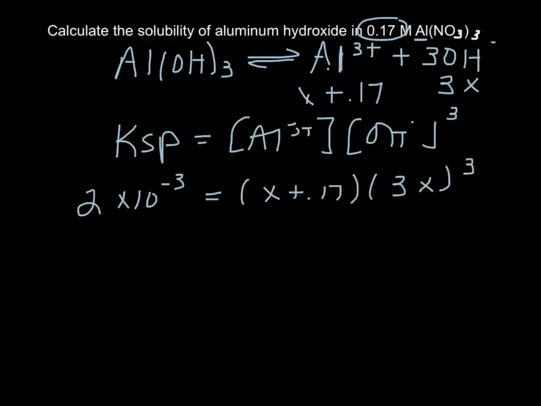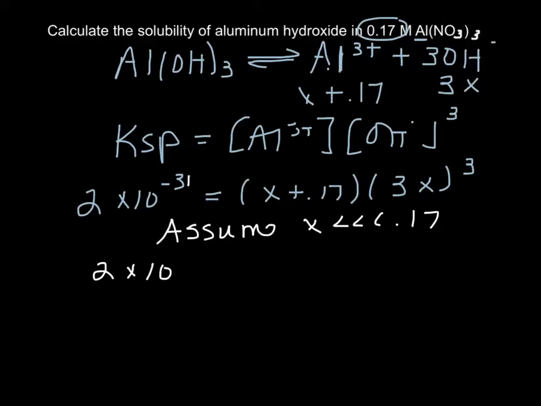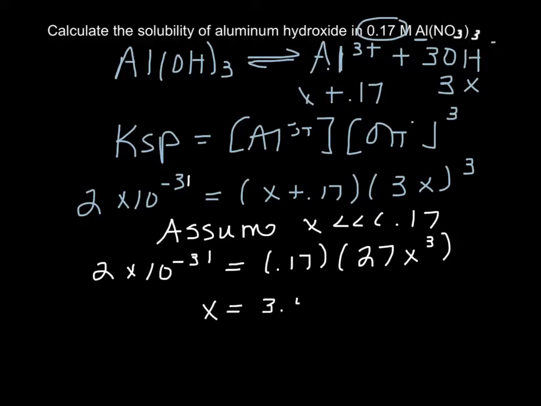We're still going to go ahead and assume that x is much, much smaller than 0.17. So now I've got 2 times 10 to the minus 31 equals 0.17 times 27x cubed. And if you solve for your x, you're going to get 3.5 times 10 to the minus 11.